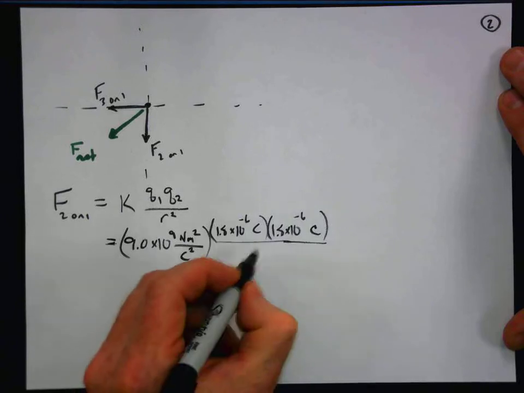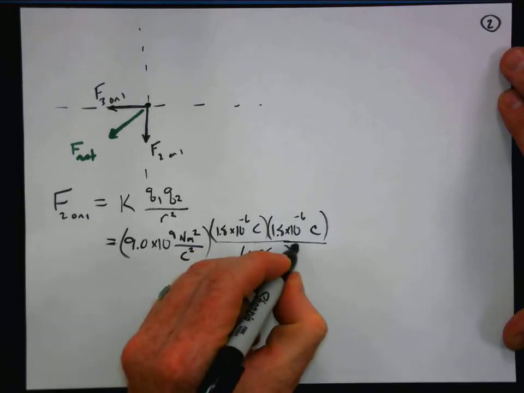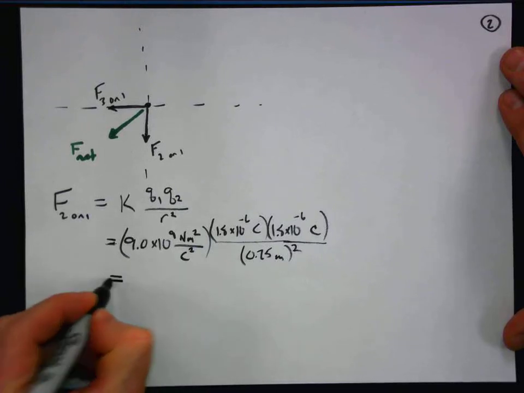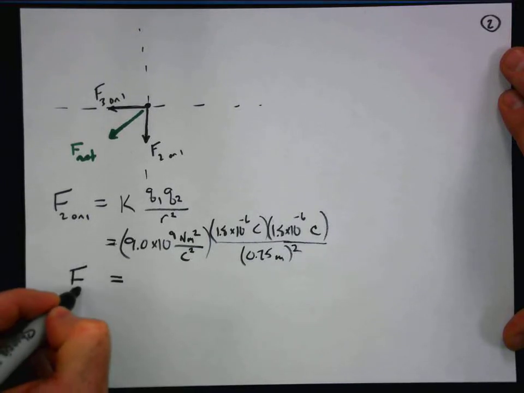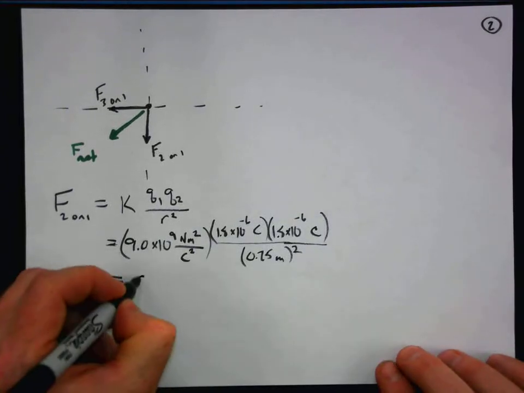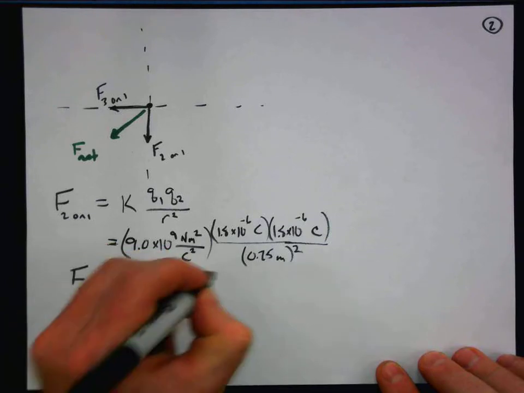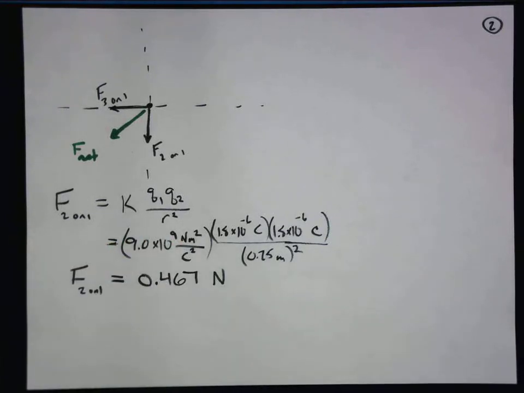And the distance between them, 0.25 meters, and that is squared. Handy dandy calculator, and it tells me that this force of 2 on 1 is equal to 0.467 newtons. Just under half a newton.